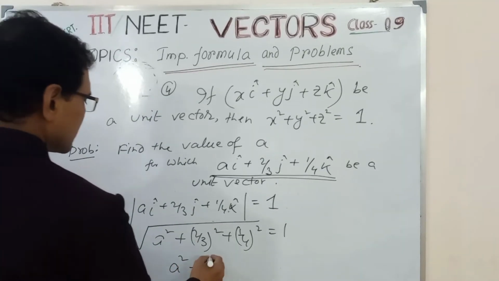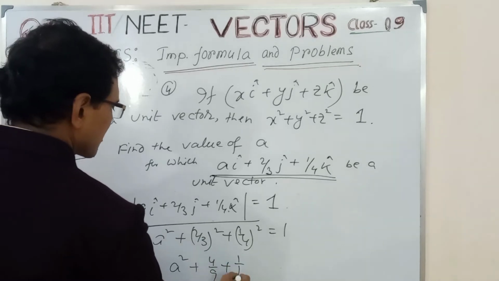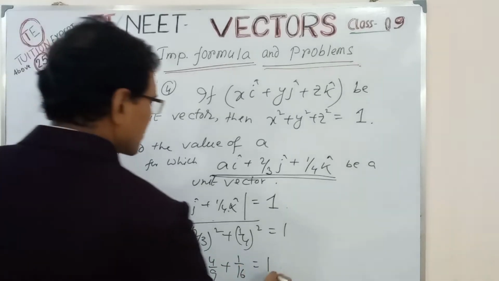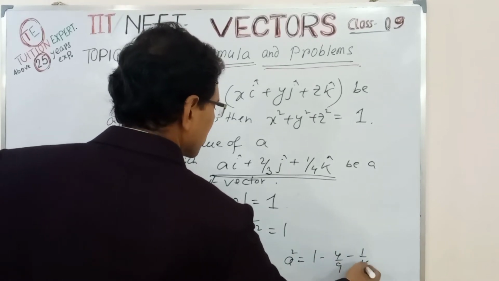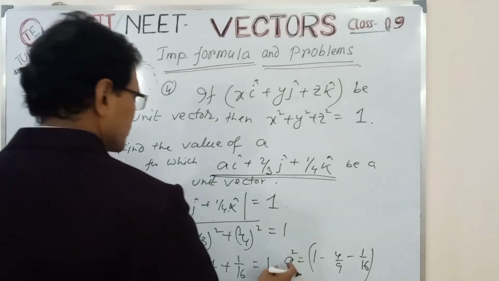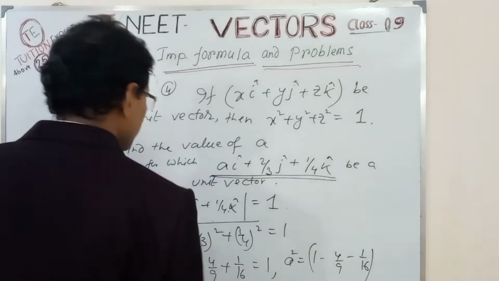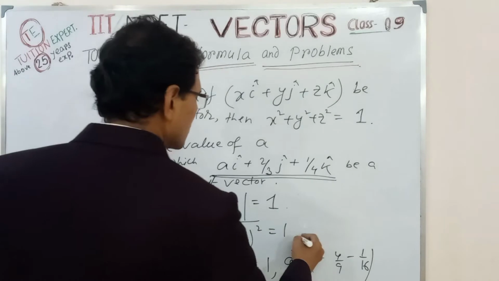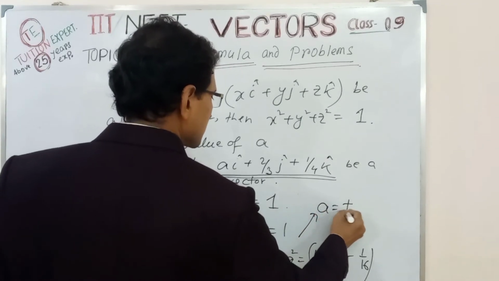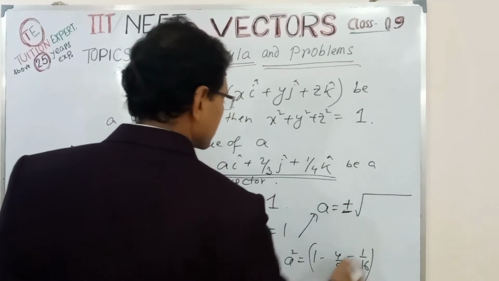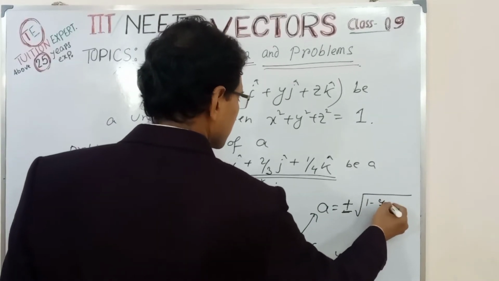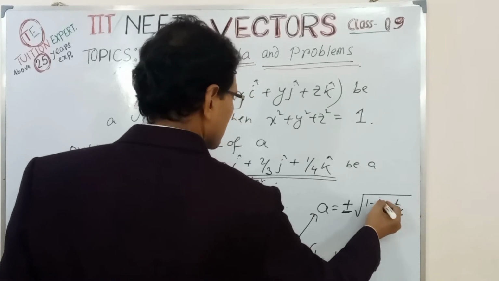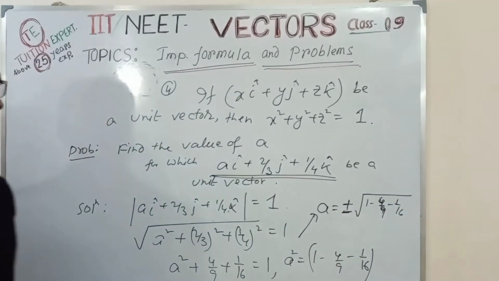Squaring both sides, then simplify this, so A equals plus or minus root over this. You simplify this, this is the result.